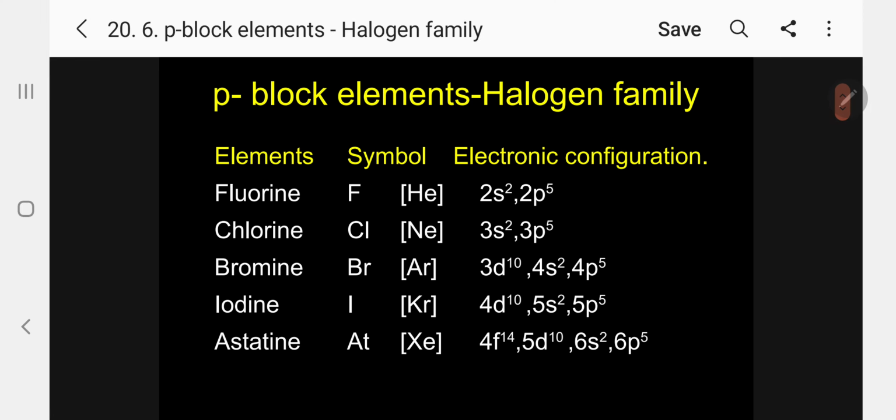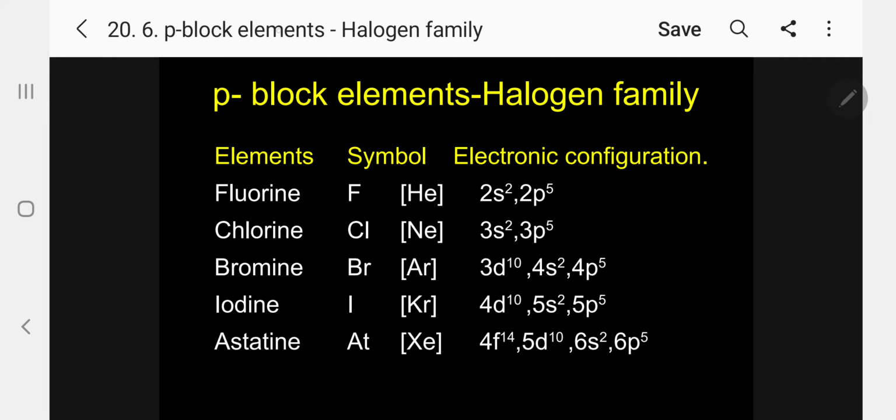We know the halogen family members are fluorine, chlorine, bromine, iodine, and astatine, having the characteristic electronic configuration ns2 np5: fluorine 2s2 2p5, chlorine 3s2 3p5, bromine 4s2 4p5, iodine 5s2 5p5, astatine 6s2 6p5.